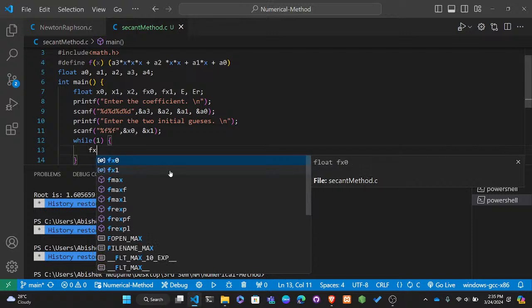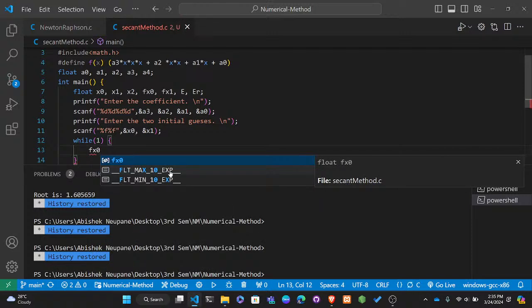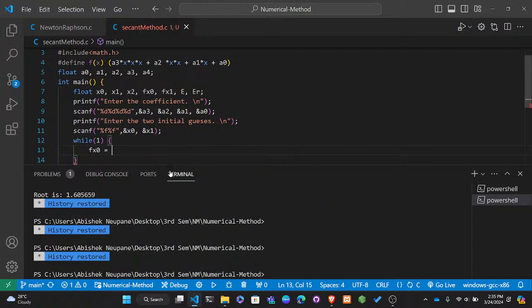Let's put the value in that function. So the value of the function f(x0) will be calculated by putting the value of x0, the first initial guess, in this function. Did you get what I mean? The user already entered the function through the coefficient part, so whenever the user enters the coefficients, they will be directly stored in this function.